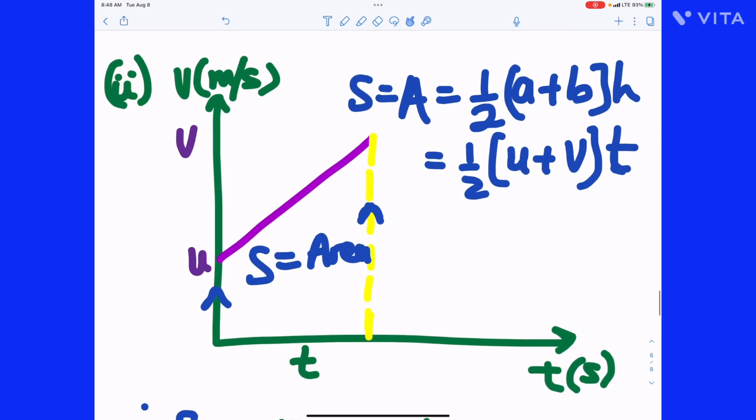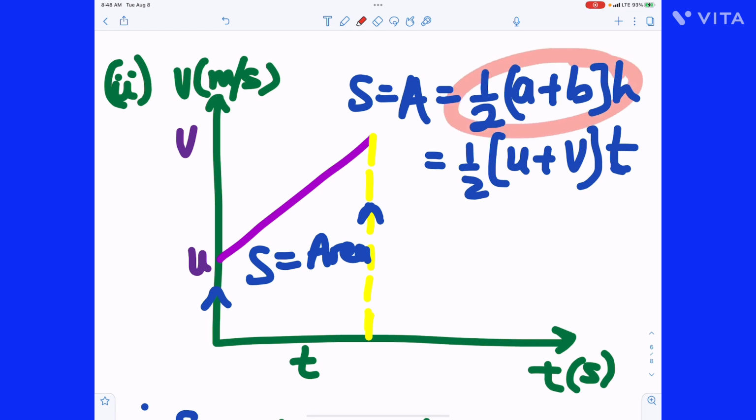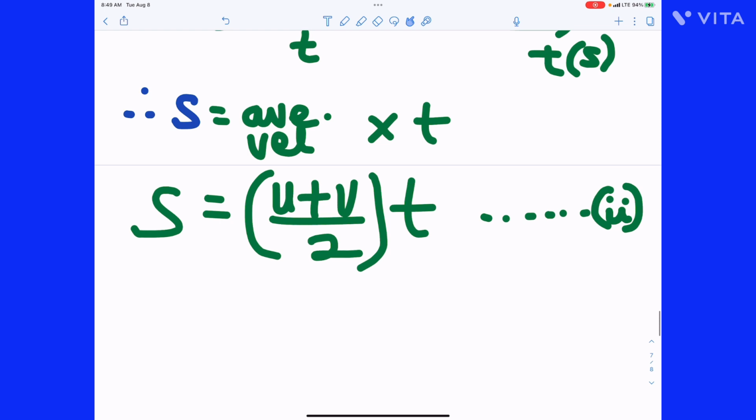Just note, area of the trapezium is half open bracket a plus b times h. Your a and b are the two parallel sides. A is u, the smaller side, and b is the longer parallel side, v, times t. So if you put the two together, you get distance is equal to average velocity times time, s is equal to u plus v over 2 times t.